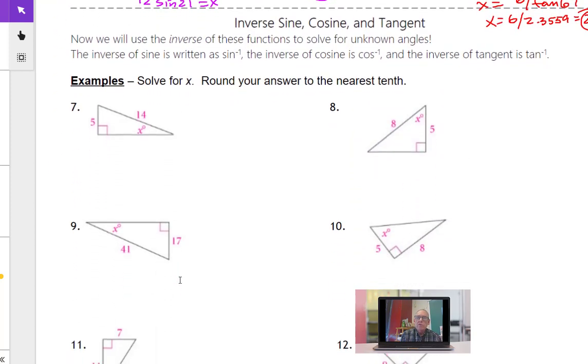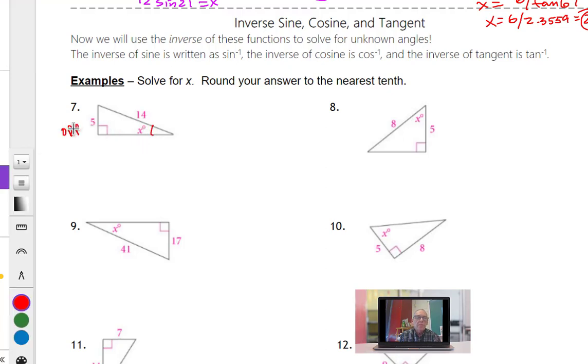Okay, let's look at the inverse problem. Now for these, we solve for the angle that goes with the ratio. So let's set this up. X is our reference angle. 5 is an opposite side. 14 is the hypotenuse.